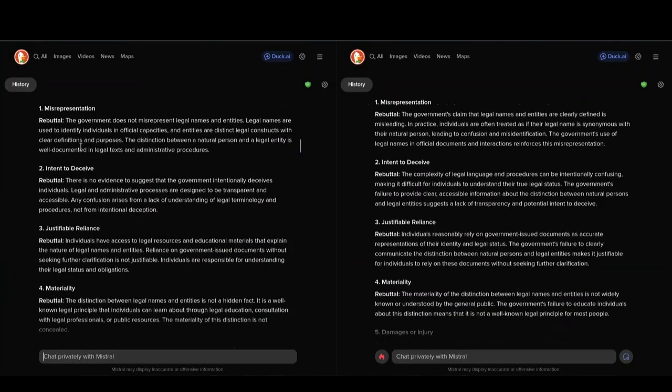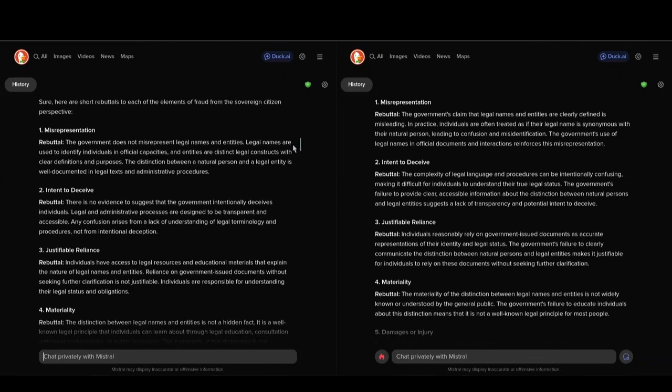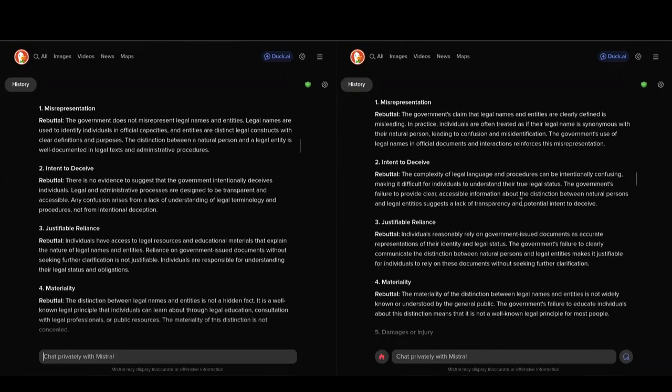So on my left, I have the government's rebuttal of each of the fraudulent points about the legal name. So actually how I got here was by asking this ChatGPT, Mistral, this AI chatbot, which is free to use.